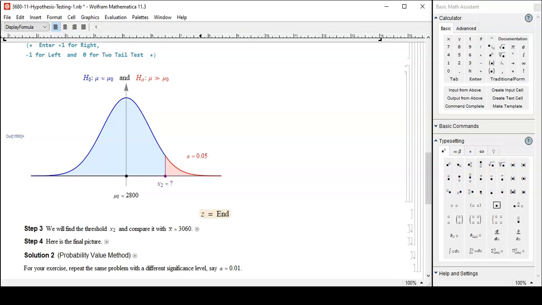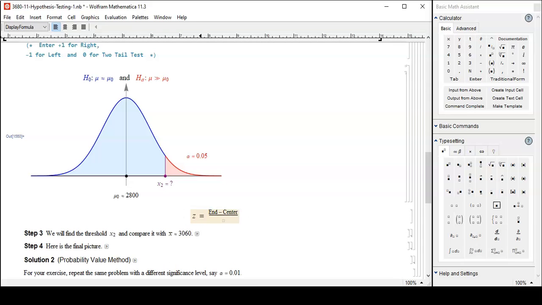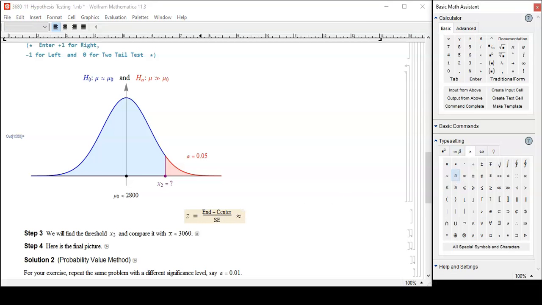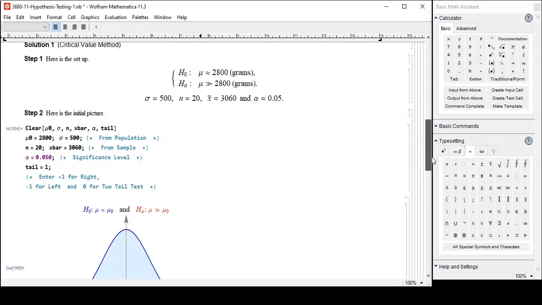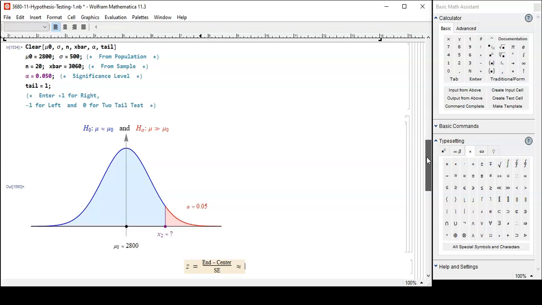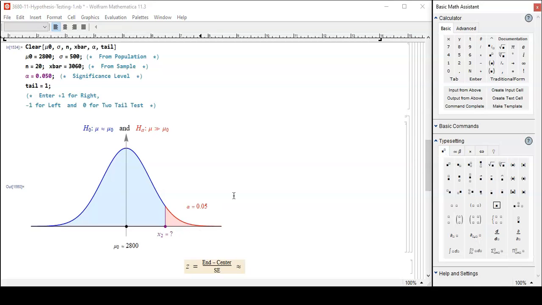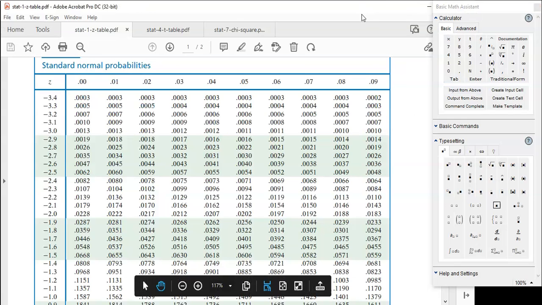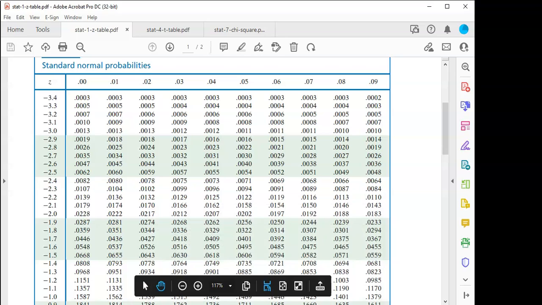Z-score is end minus center over SE, isn't it? And that has to be approximately equal to the Z-score associated with an alpha value of 0.05, 5%. So 5% here to the right means 95% here. So looking up the Z-table, where's the Z-table?